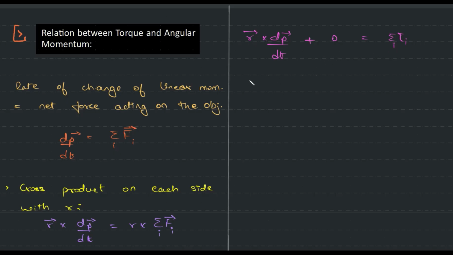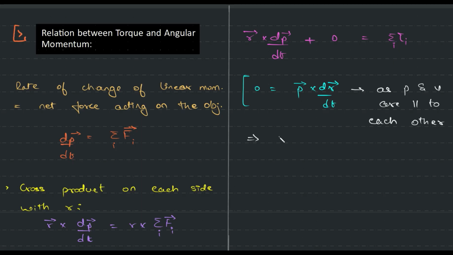Now, can I write 0 as dr by dt cross p? Can I do that? I can, but why? See, dr by dt represents what? Velocity. And momentum and velocity, what is the angle between them? Yes, they will be parallel to each other, as p and v are parallel to each other.